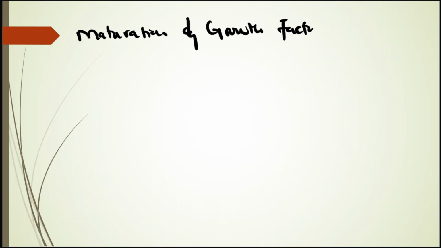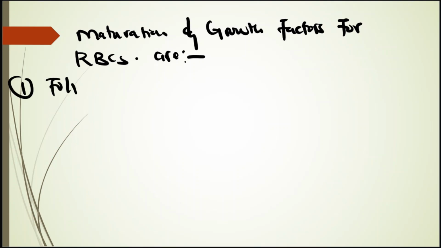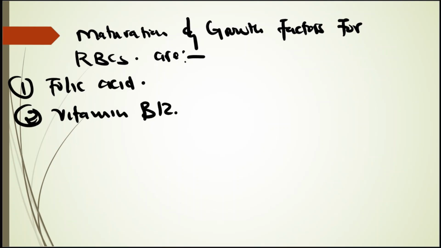The maturation factors. The maturation and growth factors for red blood cells are very important, these two. There is folic acid and vitamin B12. Vitamin B12 and folic acid are a necessity.